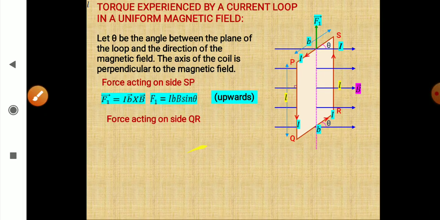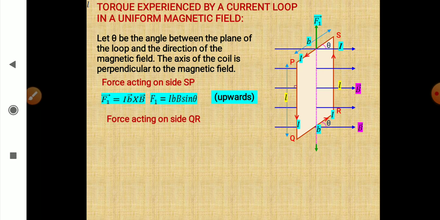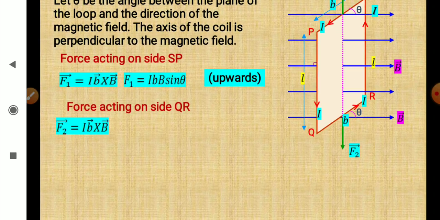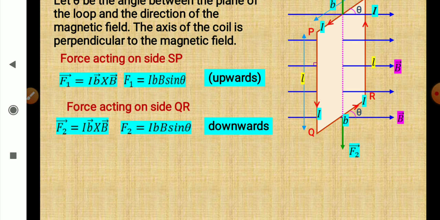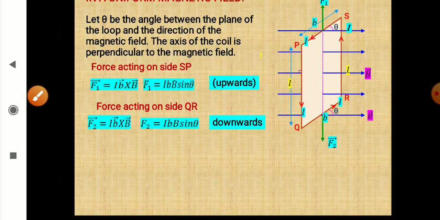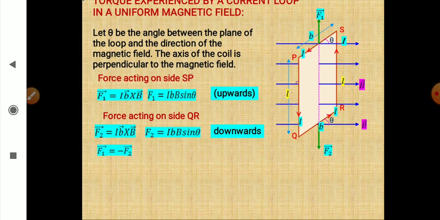See, the force F2 is downwards and the relation is F2 is I b cross B, or F2 is I b B sine theta acting downwards. You can see that F1 and F2 are equal and opposite forces and they are acting along the same line of action. So that means they are cancelling out each other. They are not contributing to any kind of motion. So F1 is equal to minus F2. They do not produce motion, right?